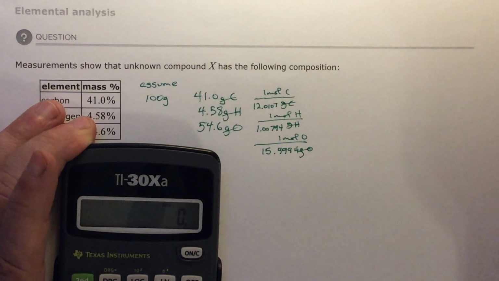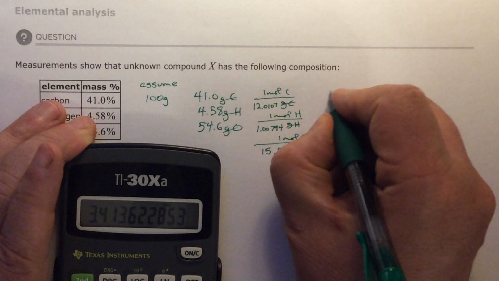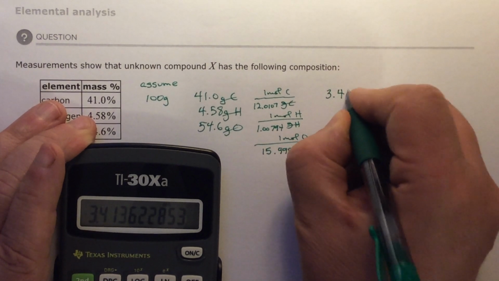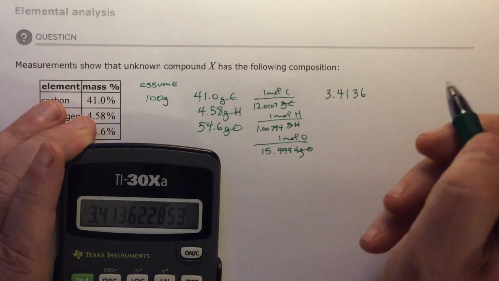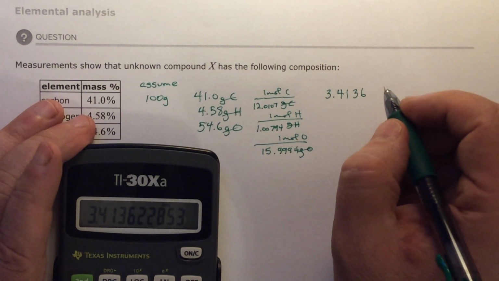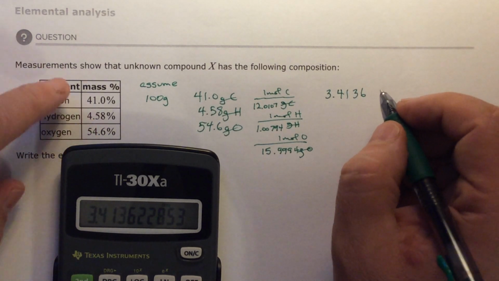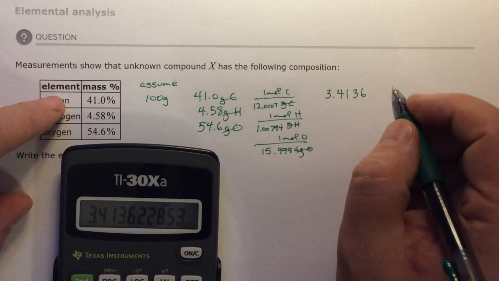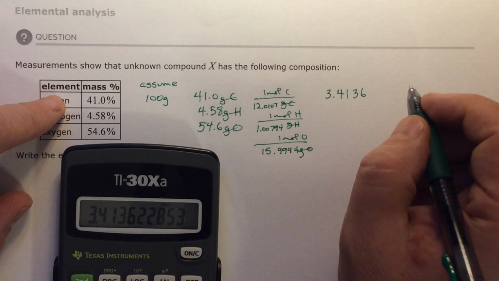I've got the first one, the carbon, is 41.0 divided by 12.0107, and I have 3.4136 moles. All right, let's go ahead and round to the same number of significant figures that I had.